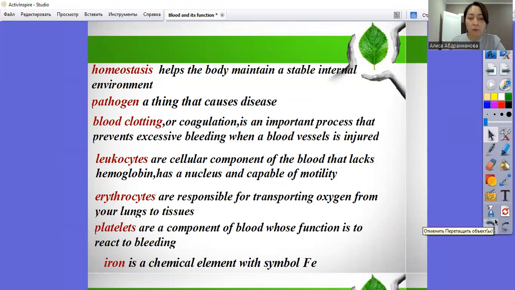Platelets are a component of blood whose function is to react to bleeding. Яғни тромбоциттер, бұлар қан ағу барысында реакцияға түсіп, қан ұйып түсетін жасушалар. Iron is a chemical element with the symbol ferrum from Latin. Яғни темір бұл химиялық элемент, гемоглобин құрамындағы элемент.